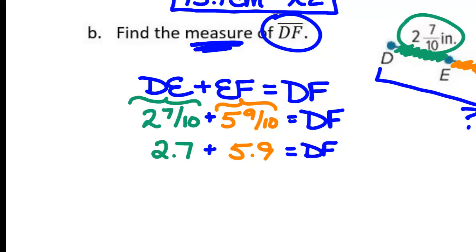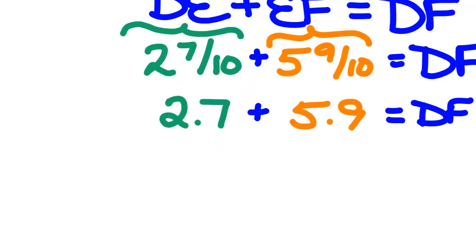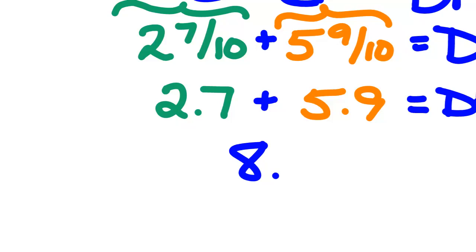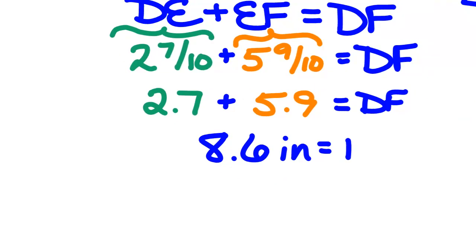And then to find the length of segment DF, I need to add those two together. Let's add the decimal one, and then we'll go look at the fraction one to make sure that we get the same answer either way. 8.6. Should we have units with that? Inches. 8.6 inches is equal to segment DF.